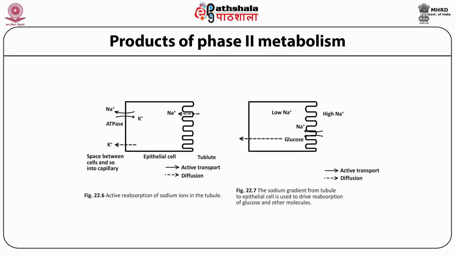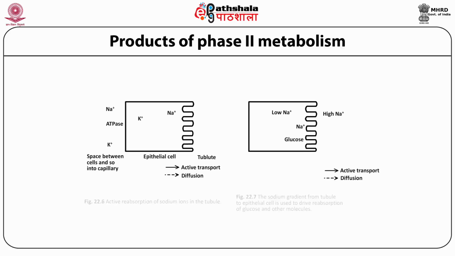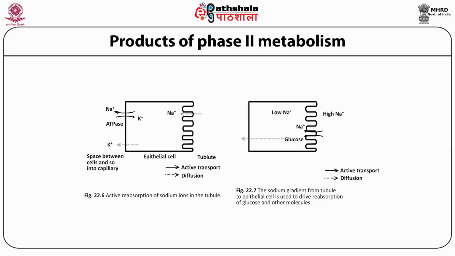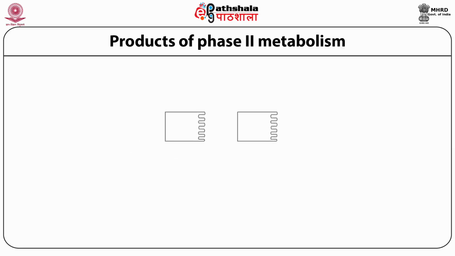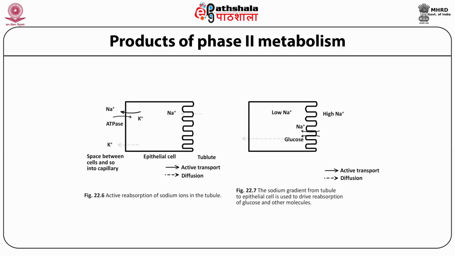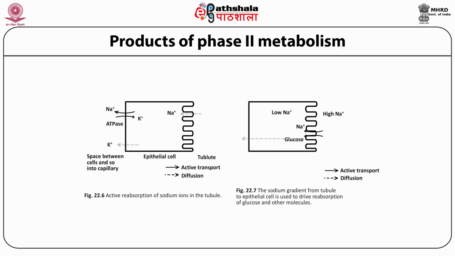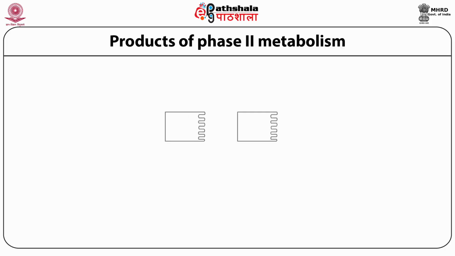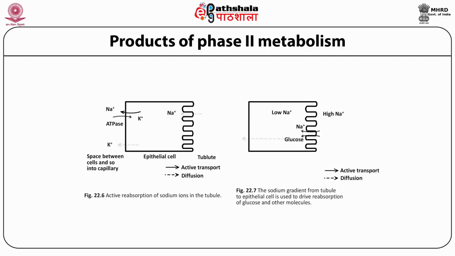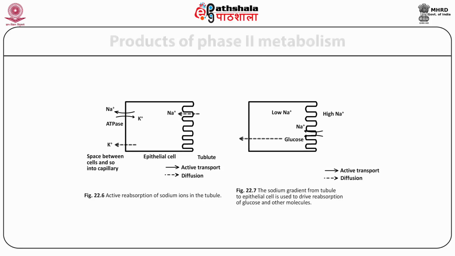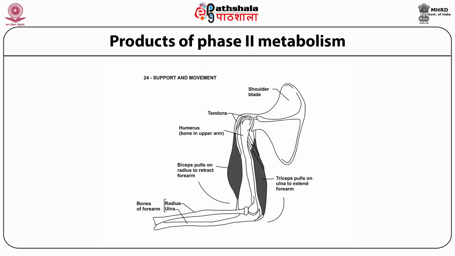At the molecular level, their components called actin and myosin fibers slide against each other, and that results in what we call muscle contraction, as a result of which the skeleton associated with it moves from one place to another, and that results in performance of mechanical work. This slide depicts the structure of muscle.